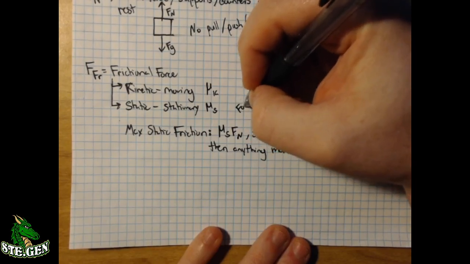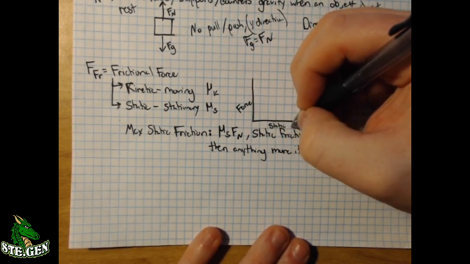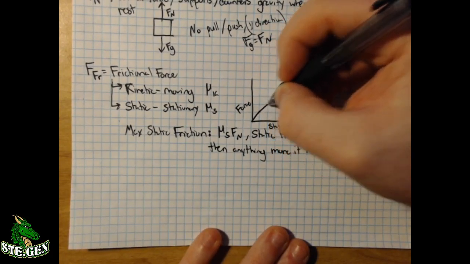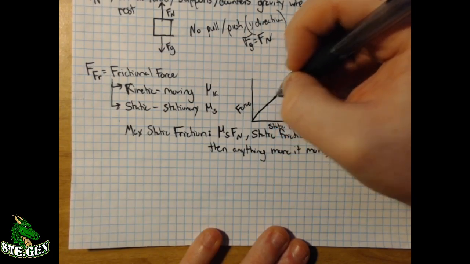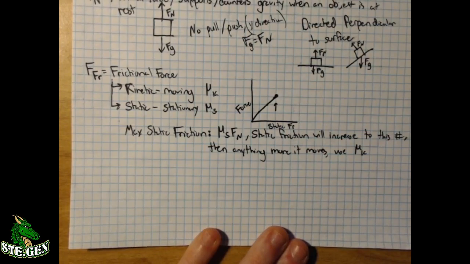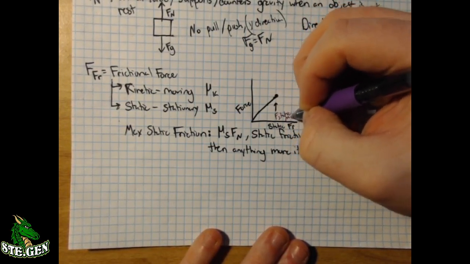So I've got force, and then I've got static friction. They're going to increase and increase and increase until you hit a certain point, and this point is going to be F static max.